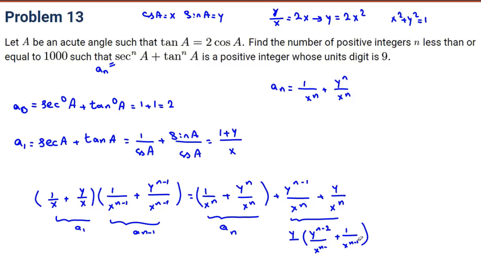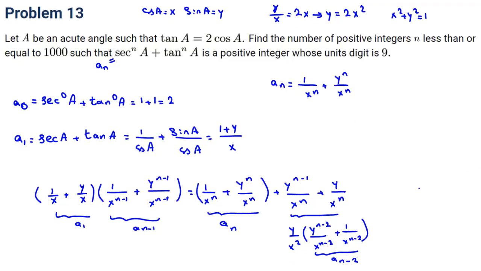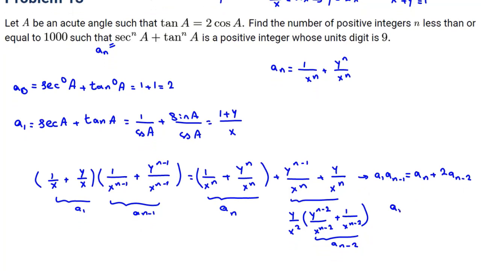Okay, so if we factor from x squared, it will be n minus 2, x^(n-2). So it is a_(n-2). Y over x squared, because of this, is 2, because y is 2x squared. So, for example, from this part, we conclude a1 a_(n-1) equal to an plus 2 a_(n-2). So it's good we found a relationship. So we can conclude an equal to a1 a_(n-1) minus 2 a_(n-2). Okay?